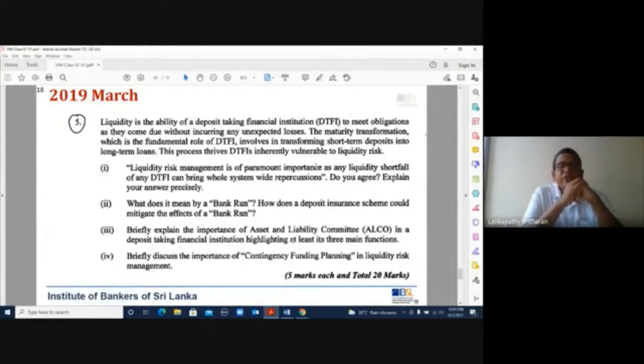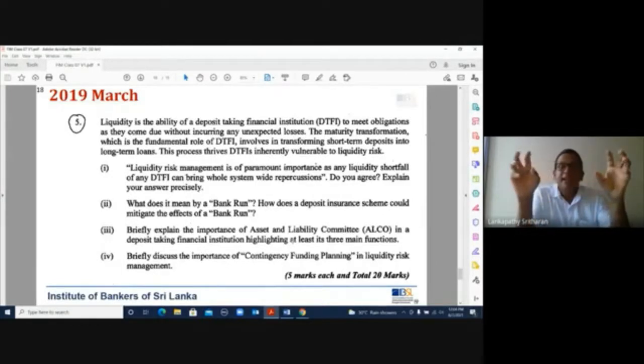Liquidity is the ability of a deposit-taking financial institution to meet obligations as they come due without incurring any unexpected losses. Why are they saying it's without incurring any unexpected losses?